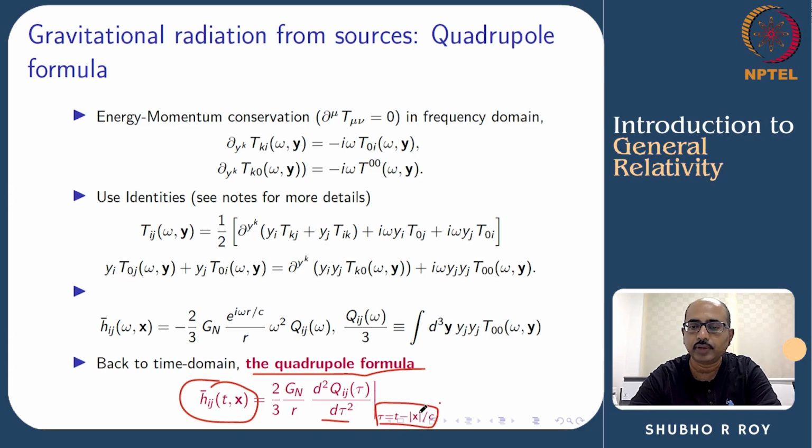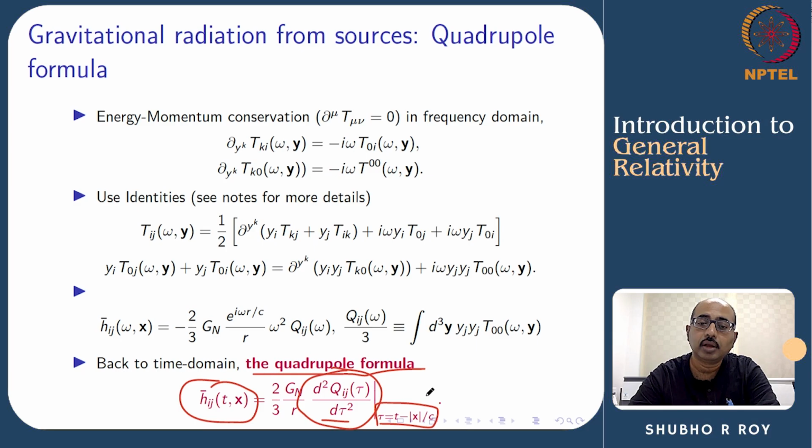So here in the retarded time, I do not have x minus y, the spatial separation between any point on the source and the field, but we have the center of mass, the separation from the center of mass. So the trace reversed perturbation is proportional to the second order time derivative of the quadrupole. Okay, if you have a static source, of course this is 0, but let's say there is some oscillating or time dependent component which gives rise to the solution. All right.